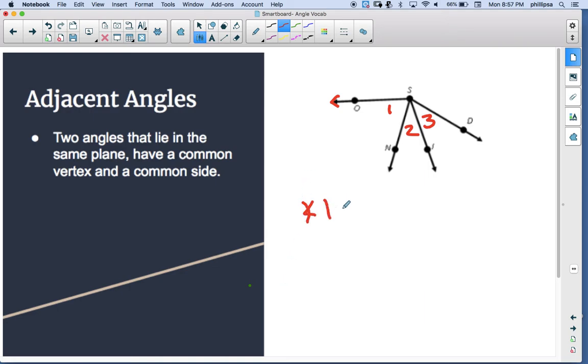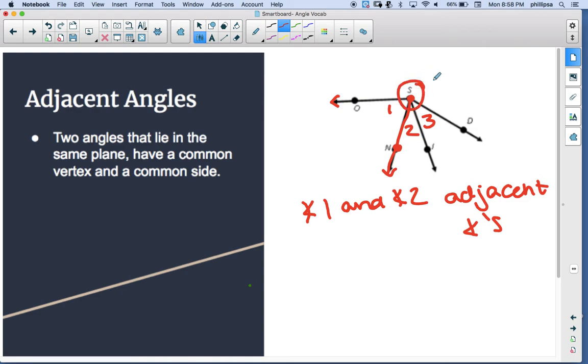Angle 1 and angle 2 would be adjacent angles. The reason I know that is because they share a side. They share ray SN, and they also share a vertex S.